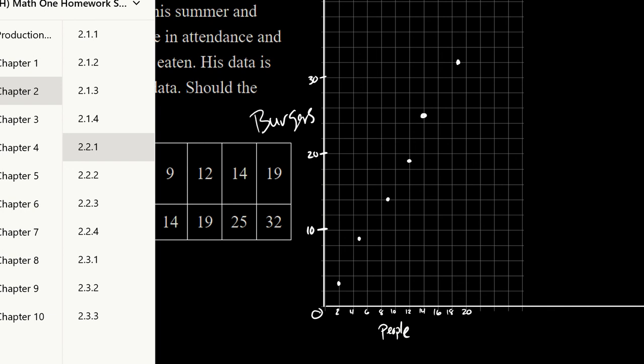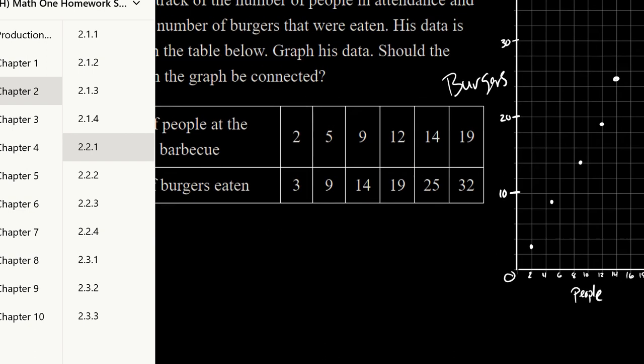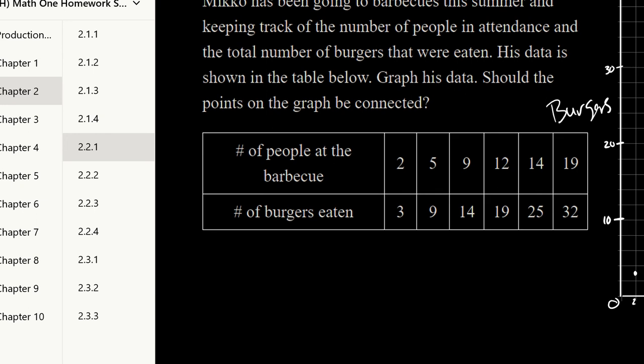There's not a lot of data here. So I've got the direction, the strength. It appears to be linear, and I would say it's a proportion. You got 0 people, 0 burgers. That makes sense. And what was the other word? Outliers. I don't see any real obvious outliers here. So I don't know that they asked me to do that. They just said graph this data.